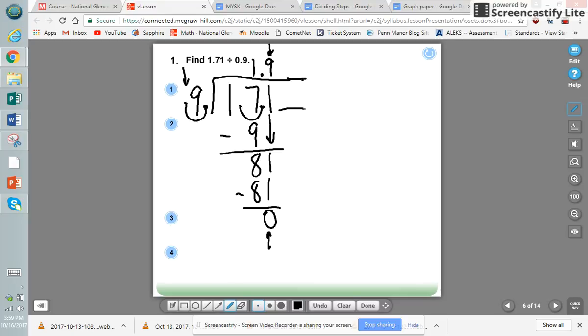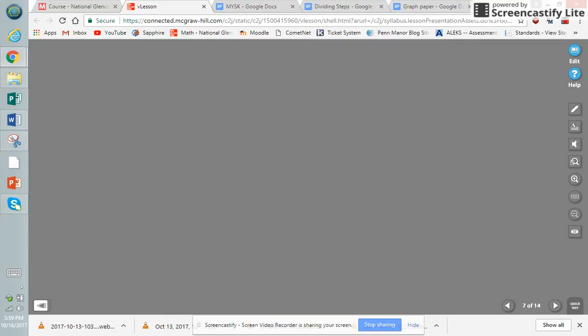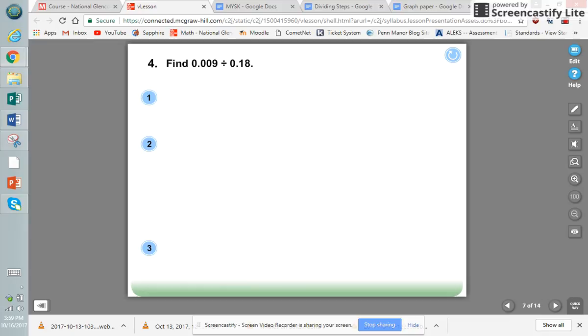That's an example where in our divisor we had a tenth. What about a divisor in hundredths? What do we do with that? Well, first of all, we set up the same way we did in our last problem. And our dividend, thank you, Gauge, we're going to put our 9 thousandths. And over here is our divisor.